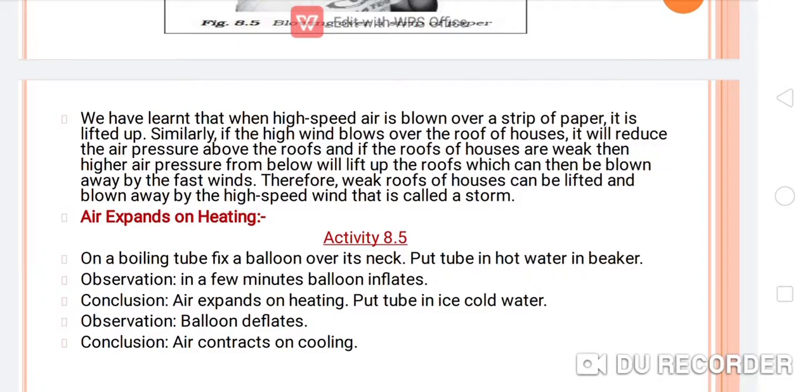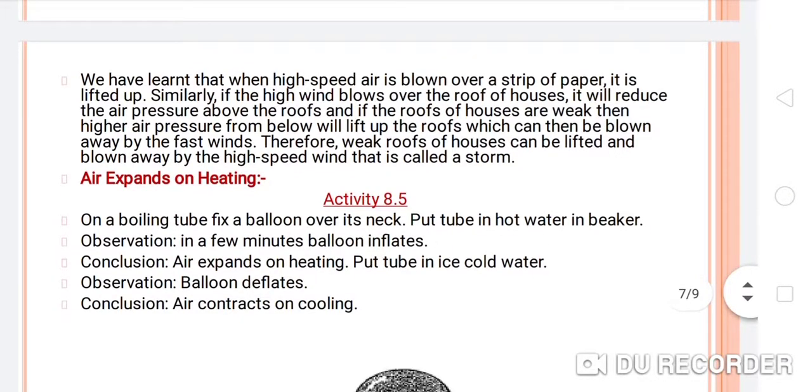And if the roofs of houses are weak, then the higher air pressure from below will lift up the roofs, which can be blown away by the fast wind. Therefore, weak roofs of houses can be lifted and blown away by high speed wind, that is called a storm.